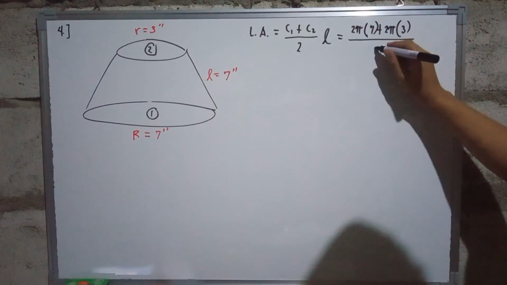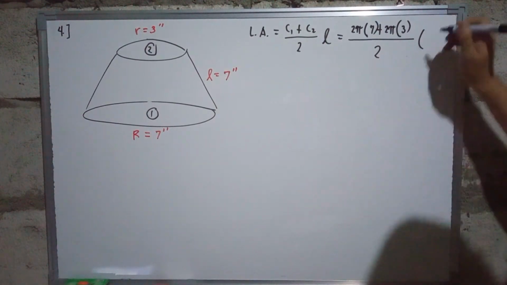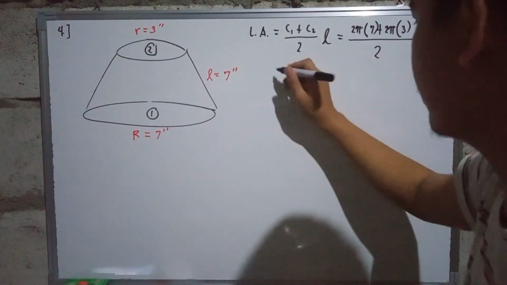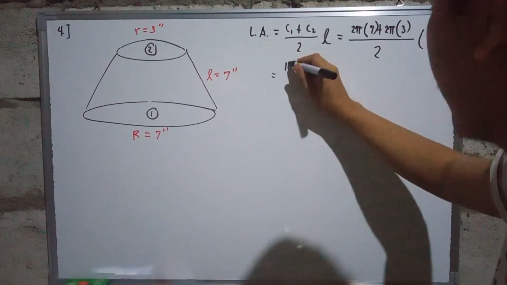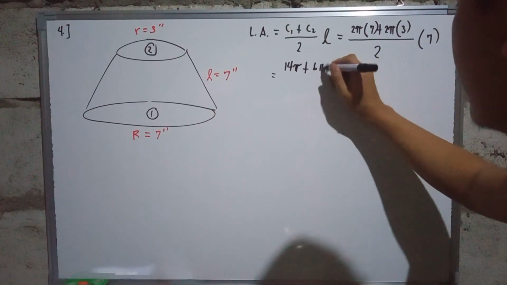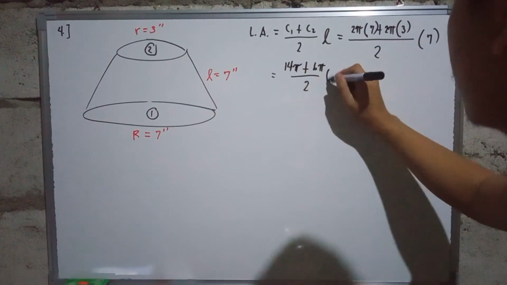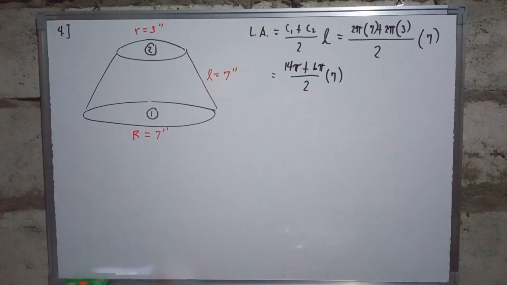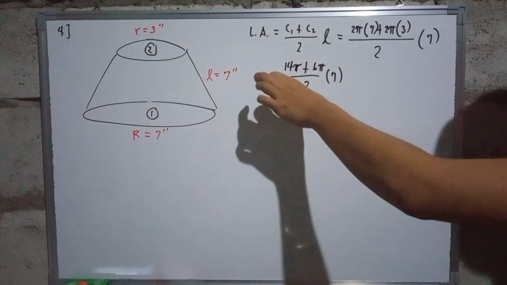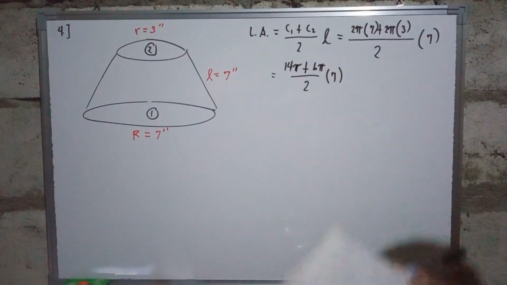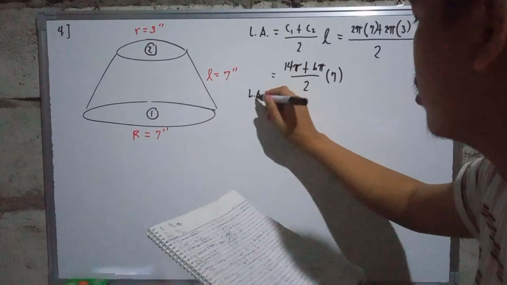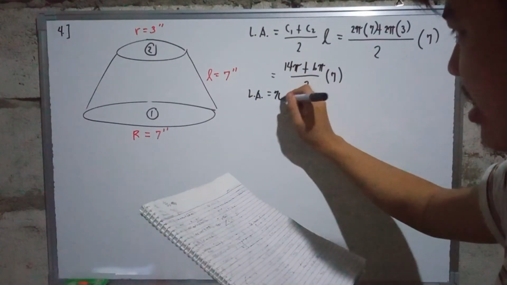All over 2 multiplied by the slant height na 7. So, lateral area is now equal to 14 pi plus 6 pi all over 2 multiplied by 7. So, yung mangyari is 20 pi divided by 2. So, that will be 10 pi times 7. So, our lateral area is now equal to 70 pi.